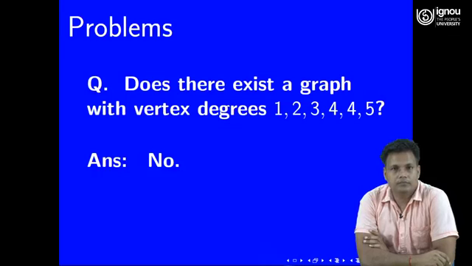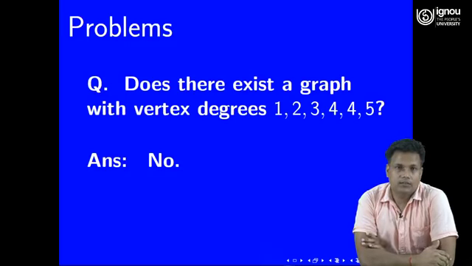The first vertex is odd, the third vertex is also odd, and then the sixth vertex is also odd. So there are only 3 vertices of odd degree, but we have just seen that the number of odd vertices must be even. So there exists no such graph.